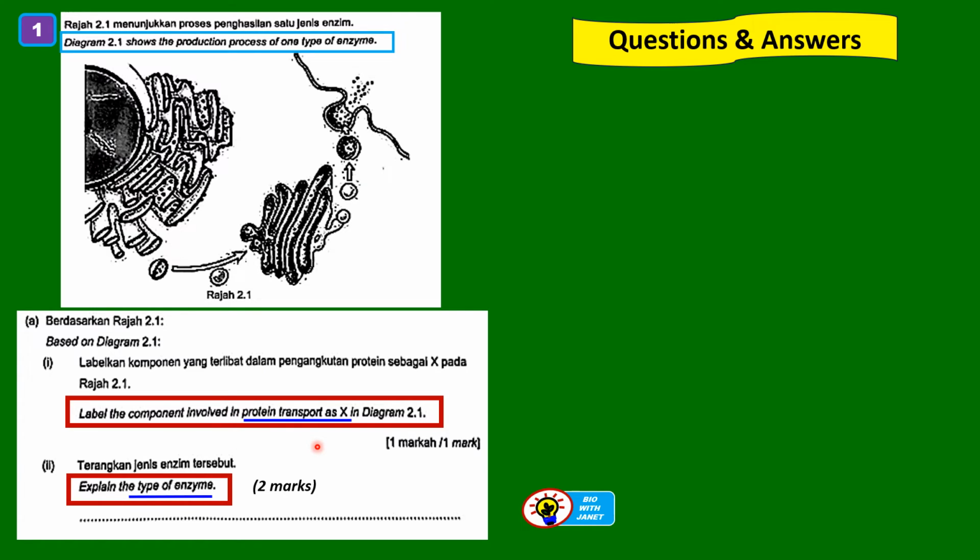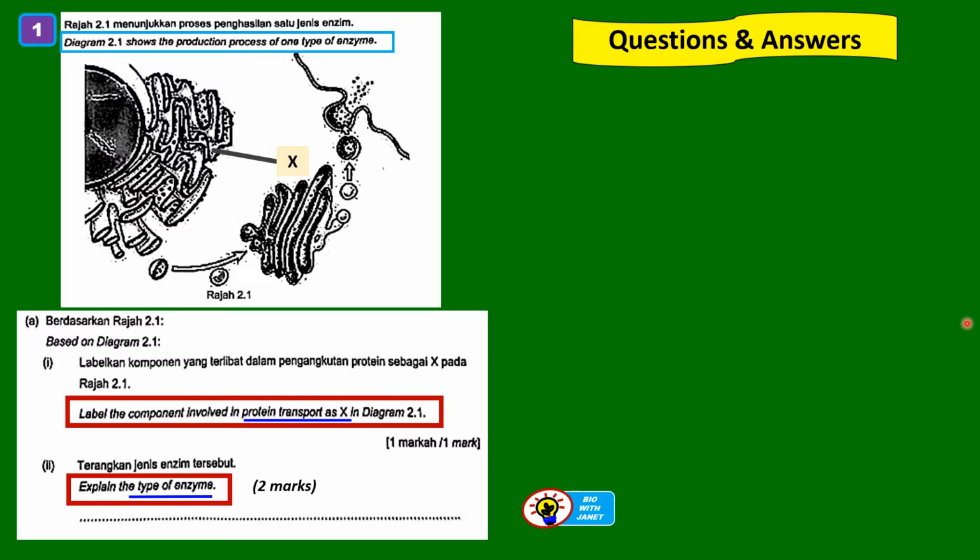So which one is it? Yes, it's the rough endoplasmic reticulum. But you're asked to label it as X, not as rough endoplasmic reticulum. So please take note. Follow the instructions, and here you're supposed to label it as X. Very important. Not as rough endoplasmic reticulum.